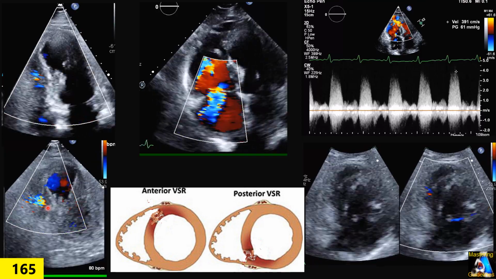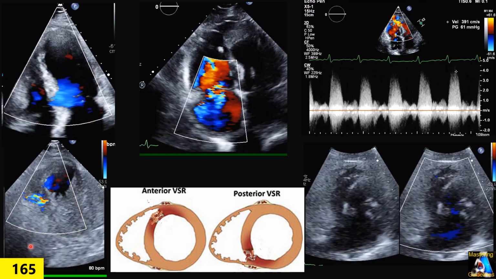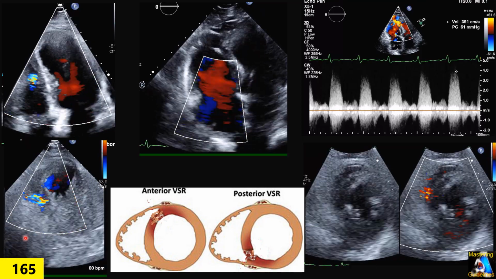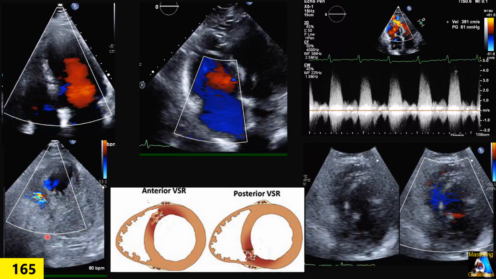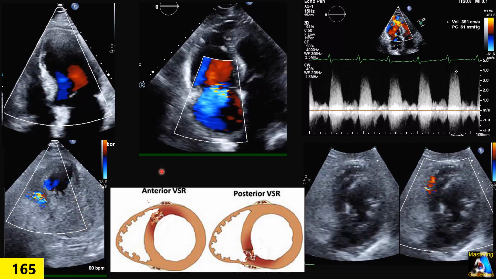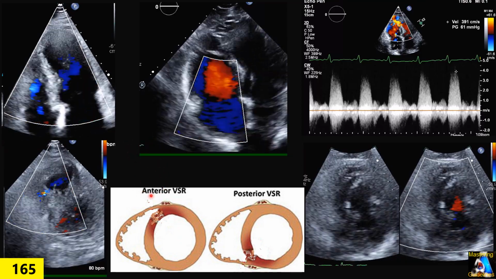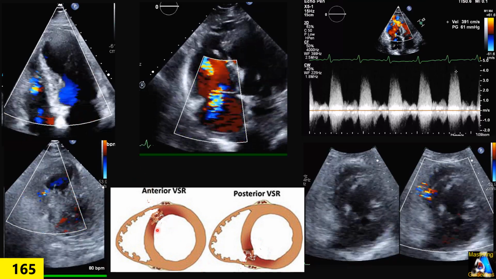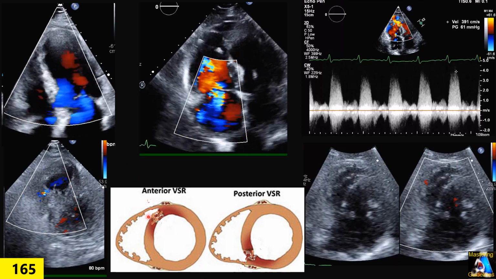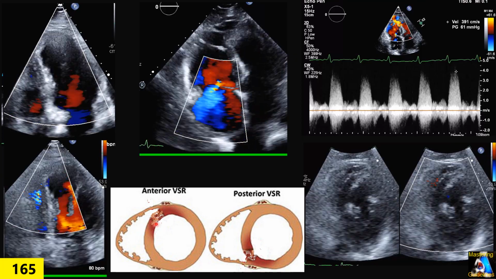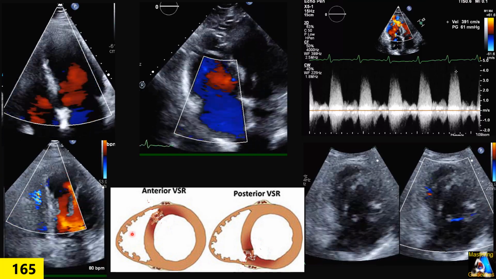So don't forget to sweep the abnormal wall motion in different directions. For example, if you are in the parasternal view, your plane is this way, sweep to the left and right of the patient and make sure you check the septum in all directions.